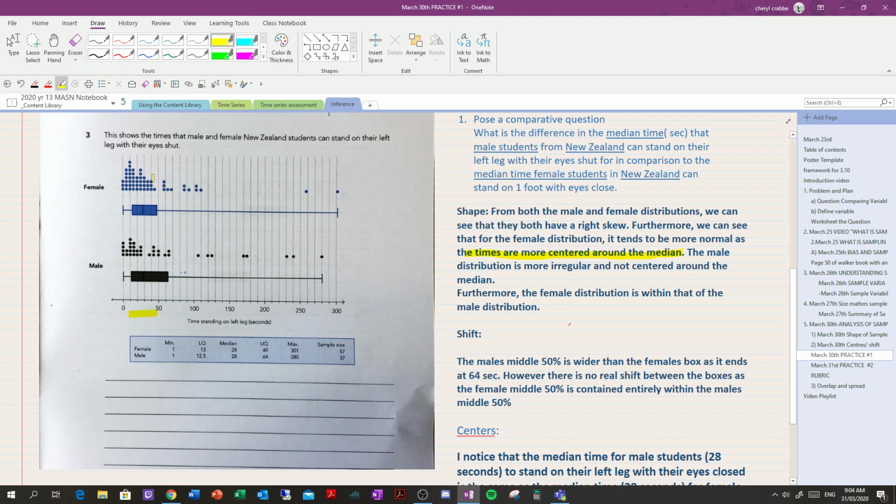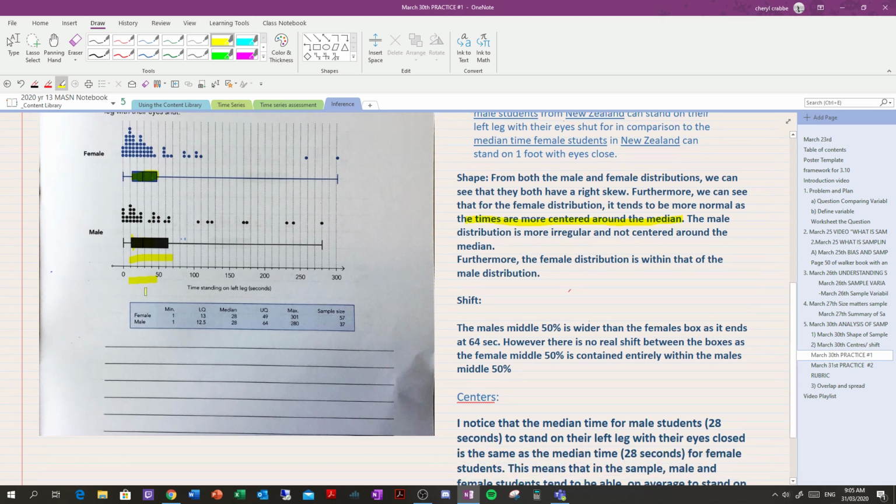This female box is actually kind of inside the male box, middle 50%, if you will. And so that's not a shift. The male box is just wider. It's just longer than the female box. And that has to do with the interquartile range and spread and so on, which we're not going to really address here. But actually, there's no shift.